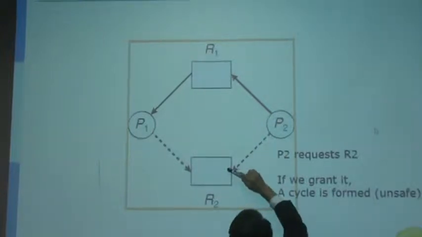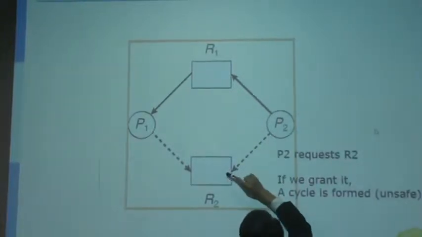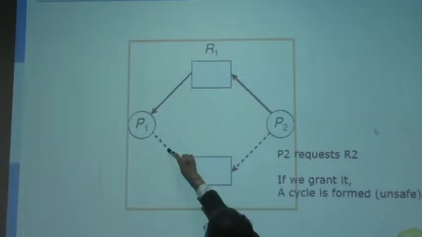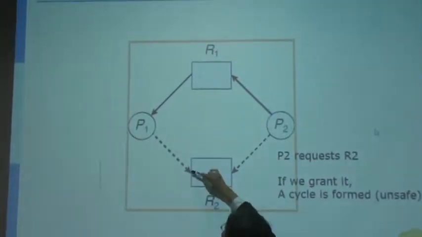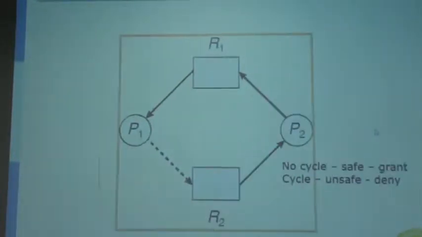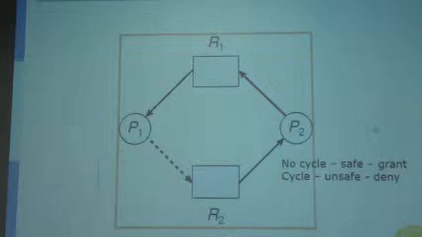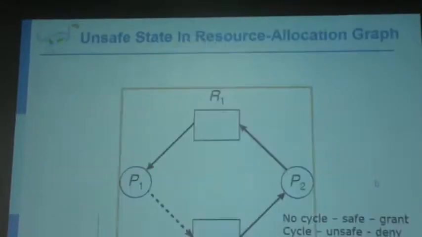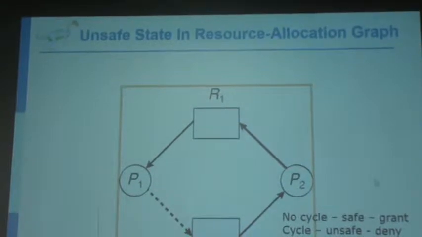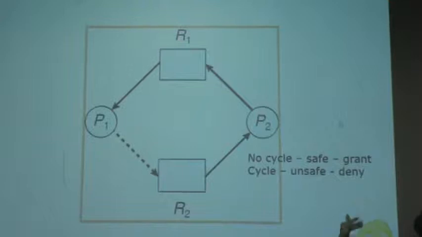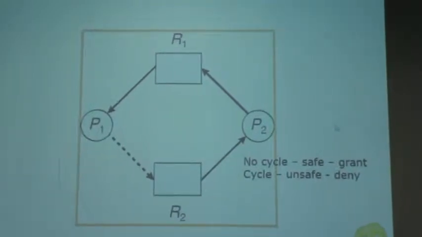But if you allow the request of P2, so R2 is assigned to P2, then P1 is requesting the R2. It's a deadlock situation. Which means it's an unsafe state. At that time, you can decline the request of P2. Then your operating system never enters the deadlock situation.